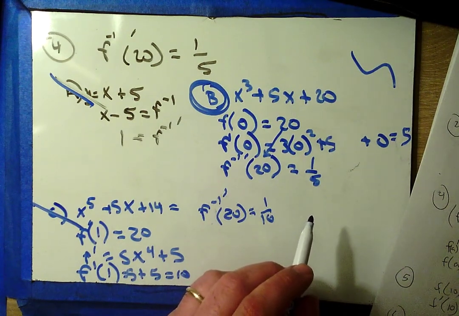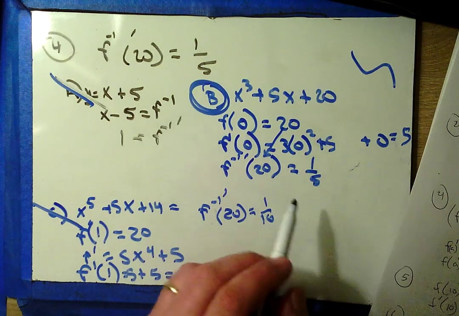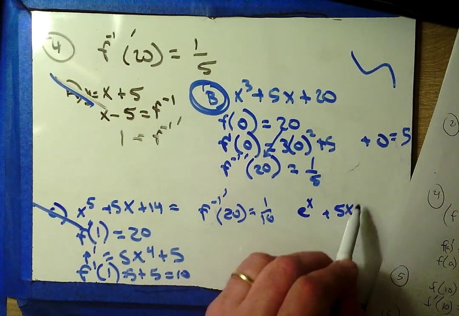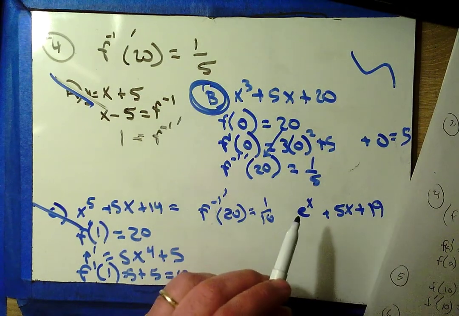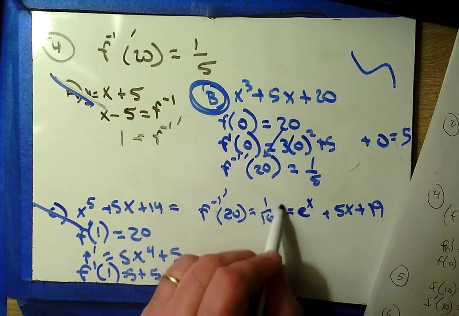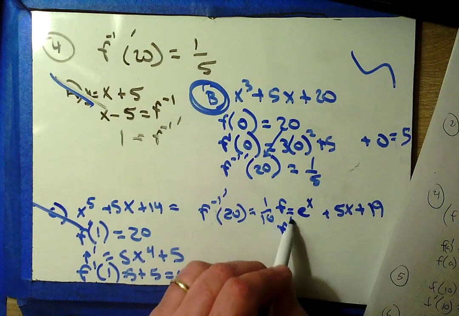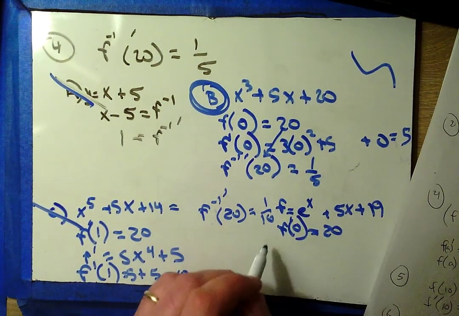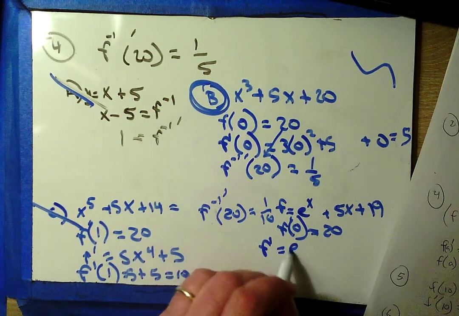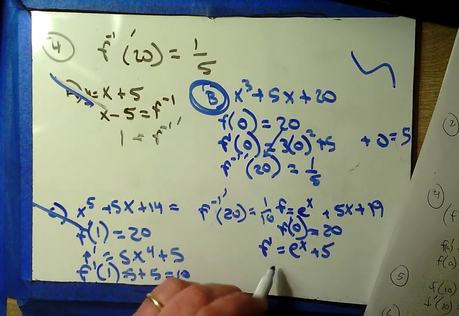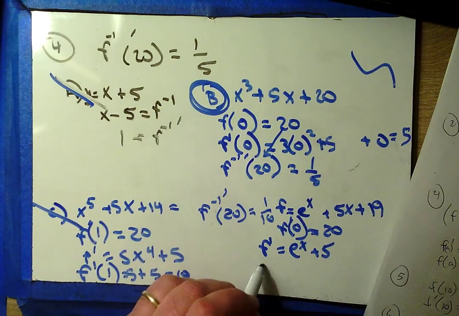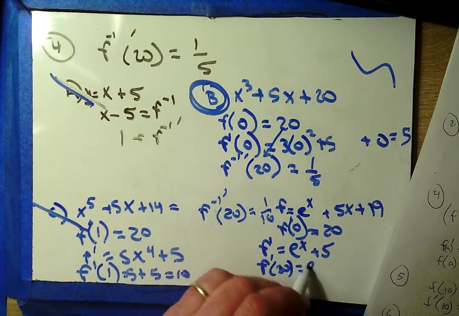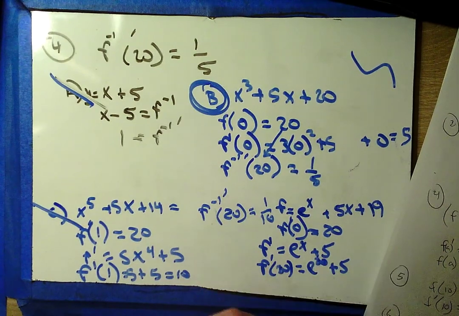And finally, we have D. D says e to the x plus 5x plus 19. Okay, so if this is f, and we go back to f of 0, we can get a 20. But f prime is going to be e to the x plus 5. And if I plug a 20 in here, I get e to the 20th plus 5.